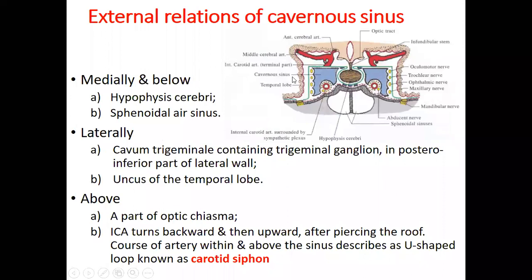External relations of the cavernous sinus. What are the structures related externally? Medially and below, you can see the hypophysis cerebri or pituitary gland. These two are the sphenoid air sinus.